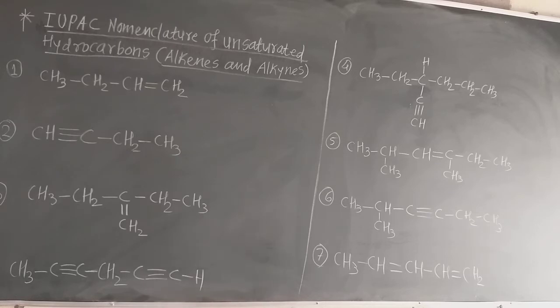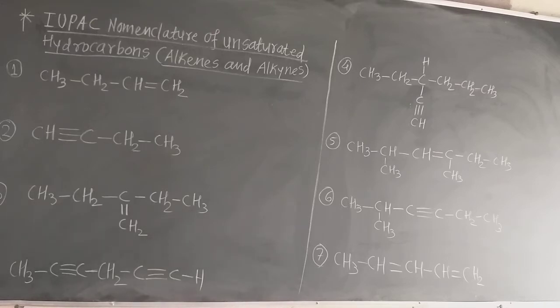Though the alkyl substituent may be nearest from, suppose, the left hand side, but the double bond is to the right hand side, then do not number the carbon atoms from the left hand side. Always number the carbon atom from that side which has the nearest double or triple bond. That is the main condition.